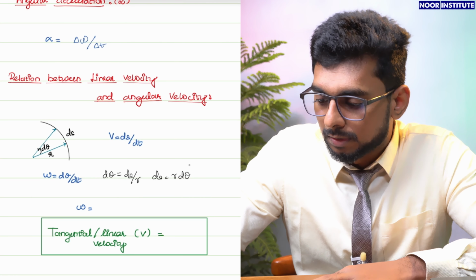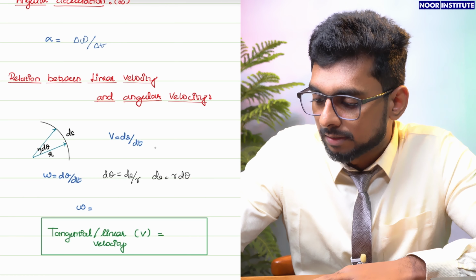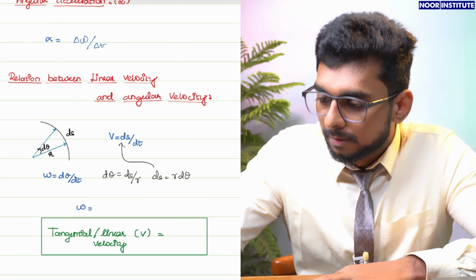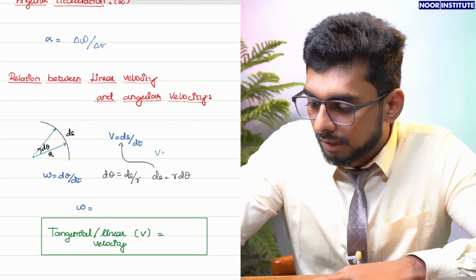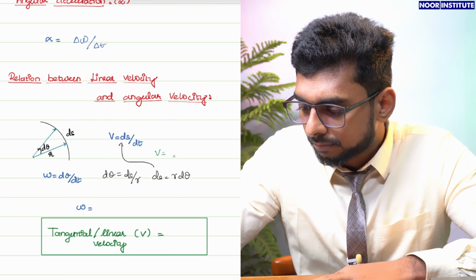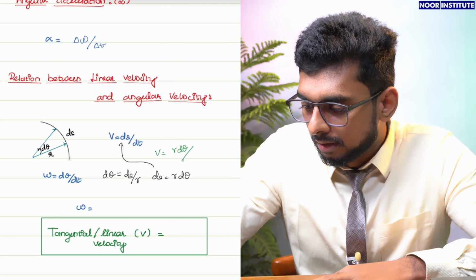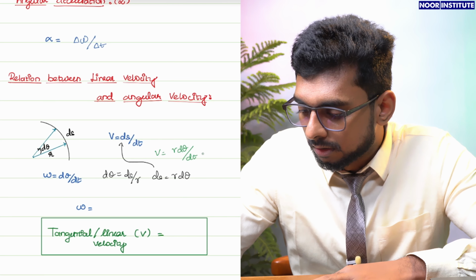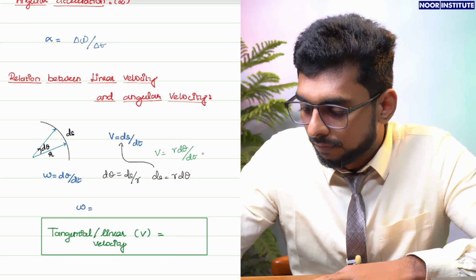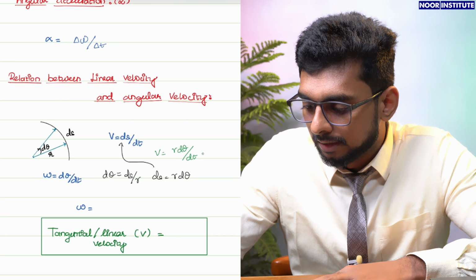If I substitute this in the above equation, instead of ds, you will have v which is nothing but r d theta divided by dt. So now I have v equal to r d theta divided by dt.